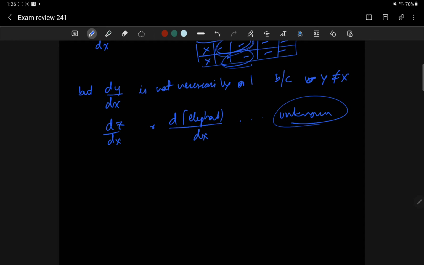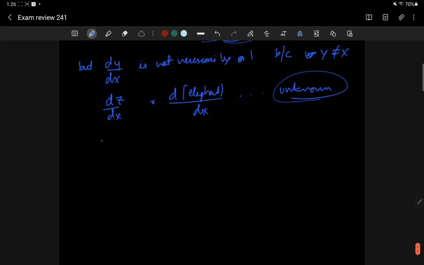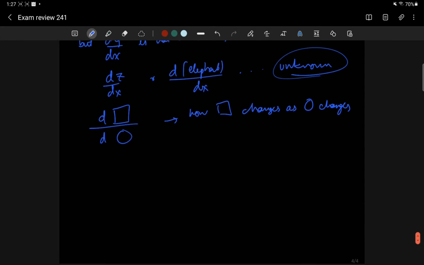Because a derivative basically measures how one thing changes with respect to the other, right? So d square over d circle basically measures how square changes as circle changes. That's all. So that's what you need to keep in mind when doing implicit differentiation.